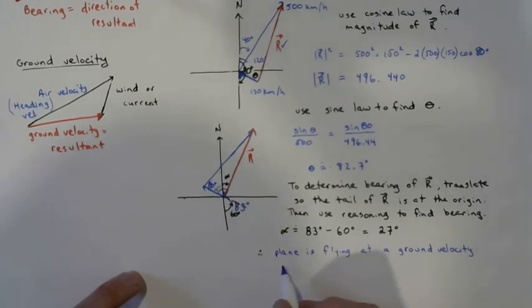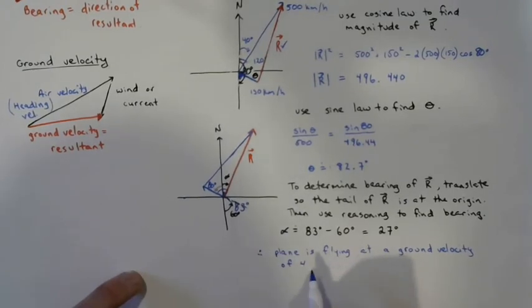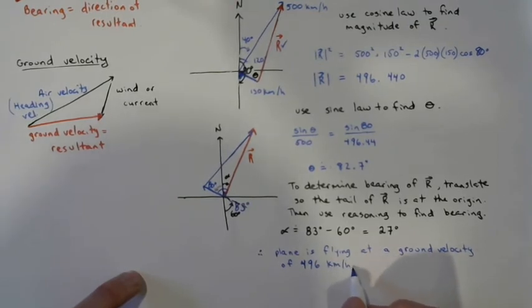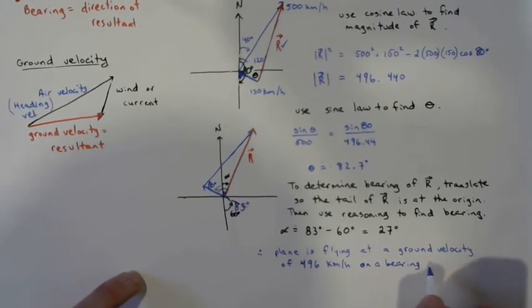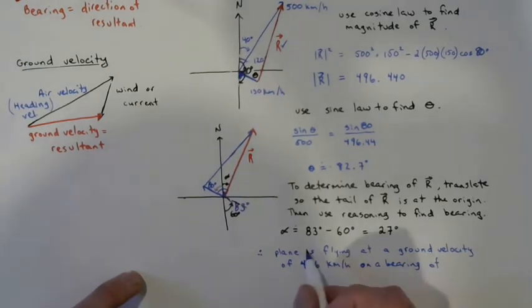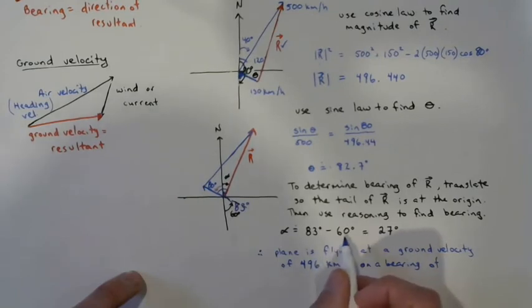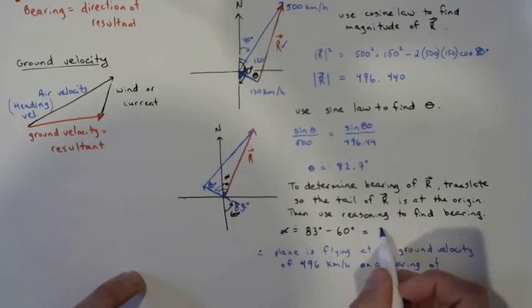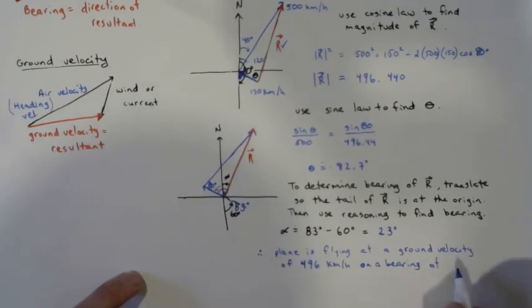A ground velocity of 496 kilometers per hour on a bearing of, oh, did I do my math wrong here? 83 minus 60 is 23 degrees, on a bearing of about 0.23 degrees.